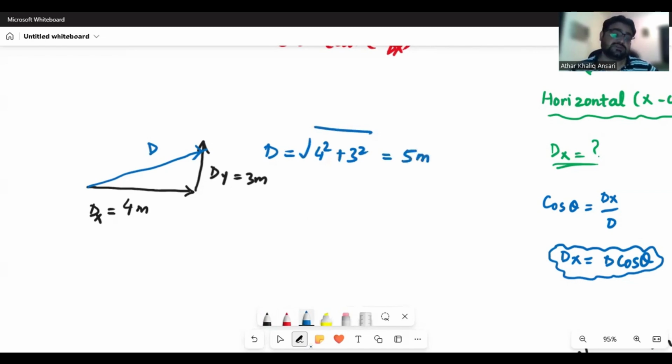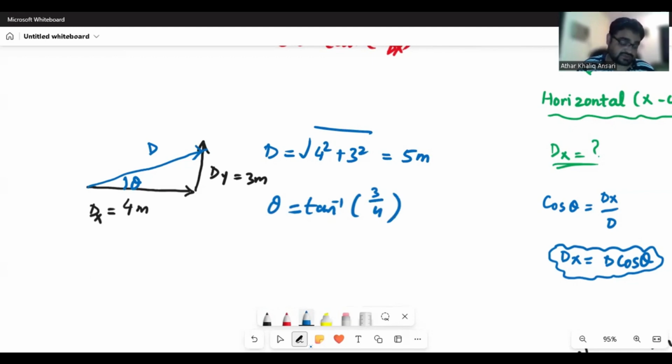So this will be 16 plus 9, 25, that is 5 meter. So now this is d. The second thing is the direction theta, that can be mentioned with the horizontal axis. So theta will be tan inverse dy over dx, meaning 3 over 4. Hold your calculator and press shift tan 3 over 4.